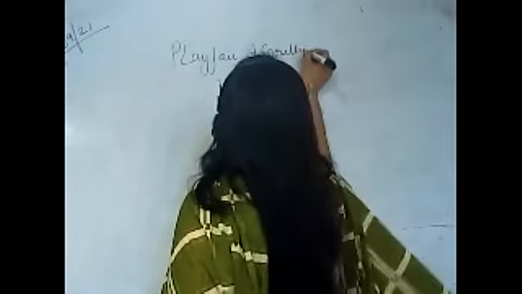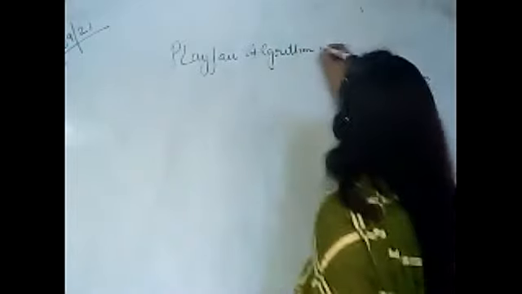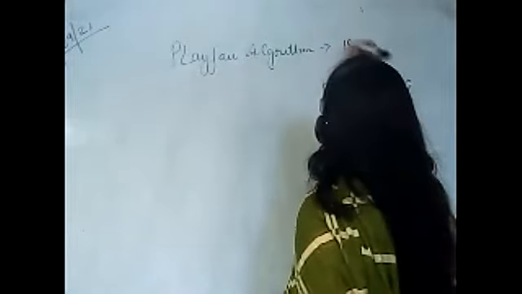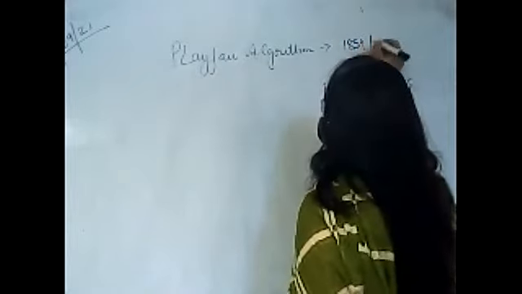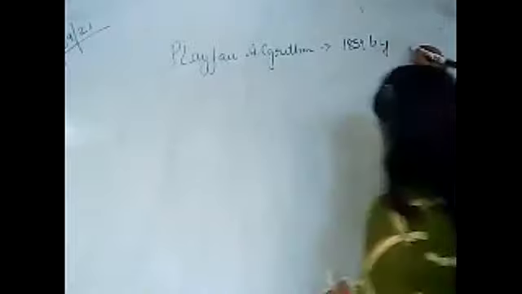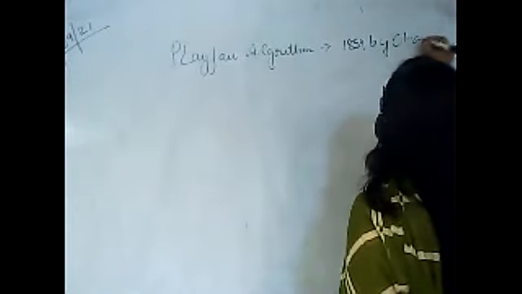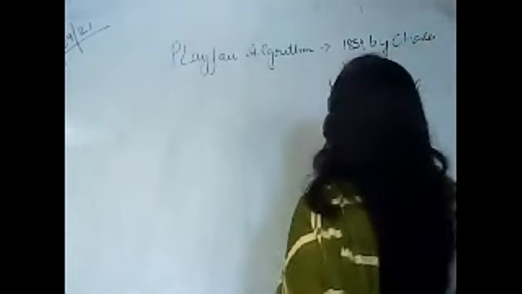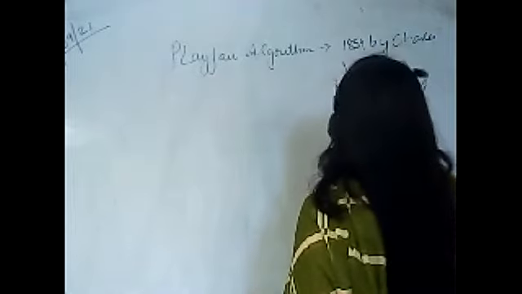We will start with the Playfair algorithm. It was invented in 1854 by Charles Wheatstone. That was the person who developed this particular algorithm.